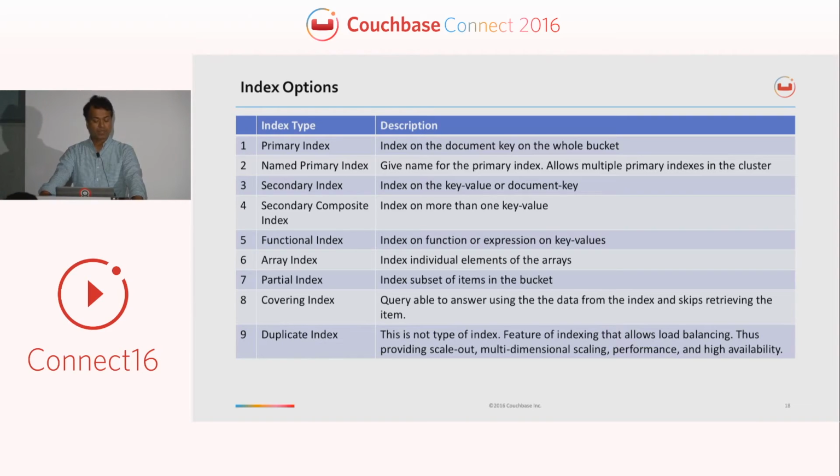Duplicate indices. We call two indices duplicate indices when they are identical except in their names. Their keys are exactly the same, their conditions are exactly the same, they are indexing the same bucket, only the names are different.